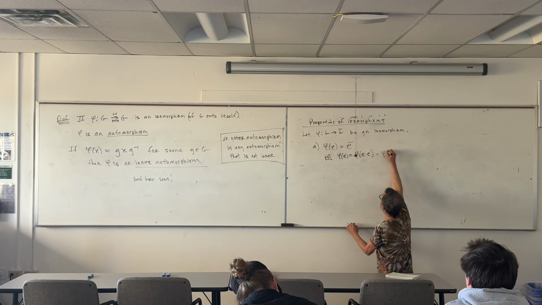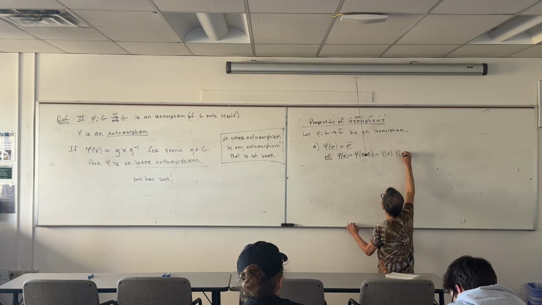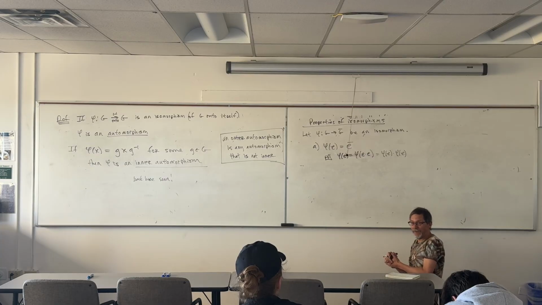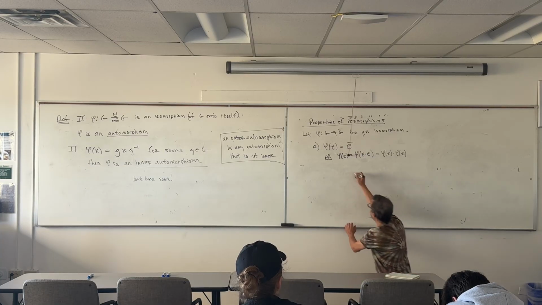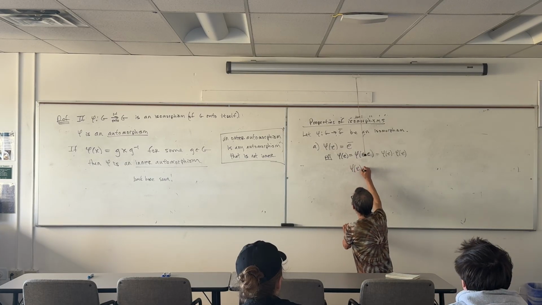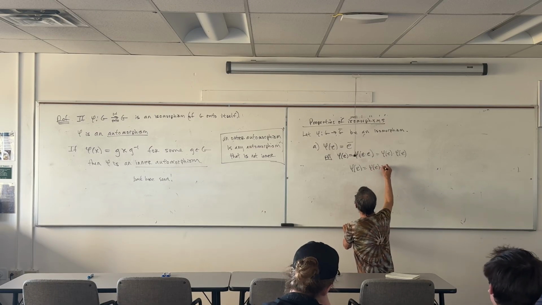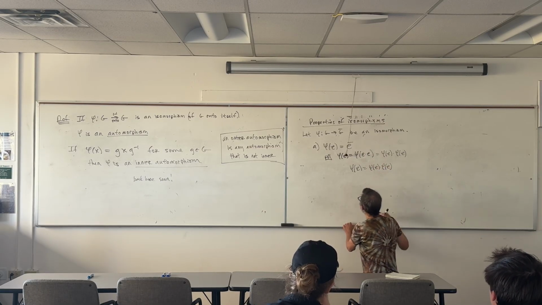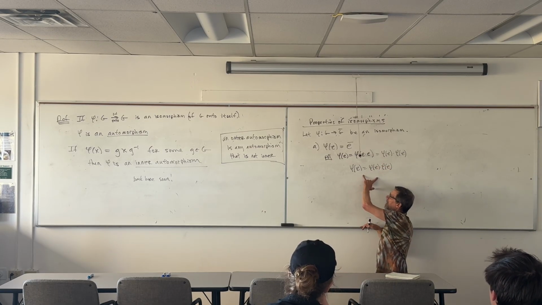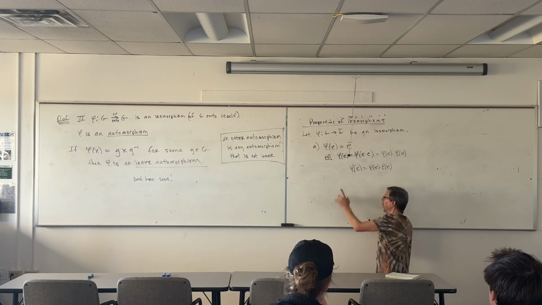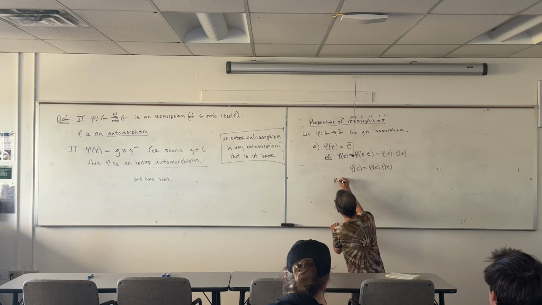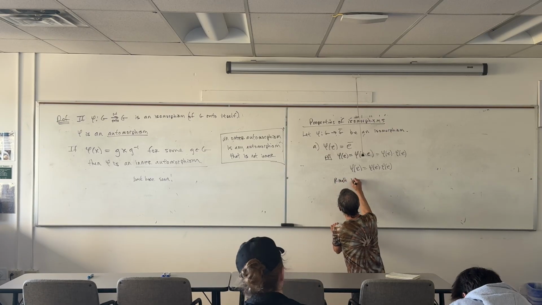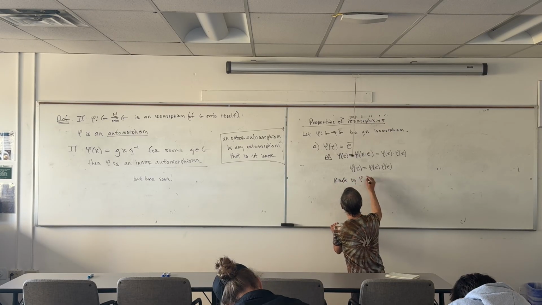So this is phi of E times phi of E. Now we've got this equation, phi of E equals phi of E times phi of E. I'm going to multiply by phi of E inverse on both sides, left or right, doesn't really matter. Let's just say right multiply by phi of E inverse.